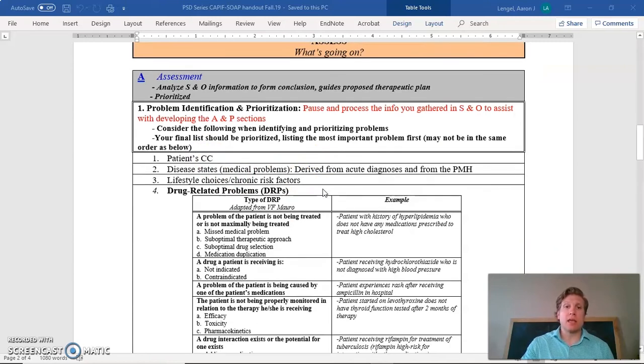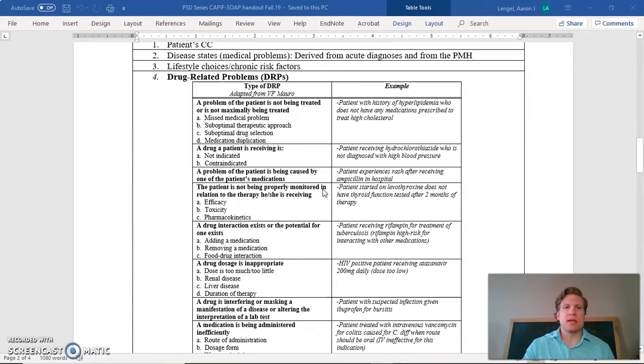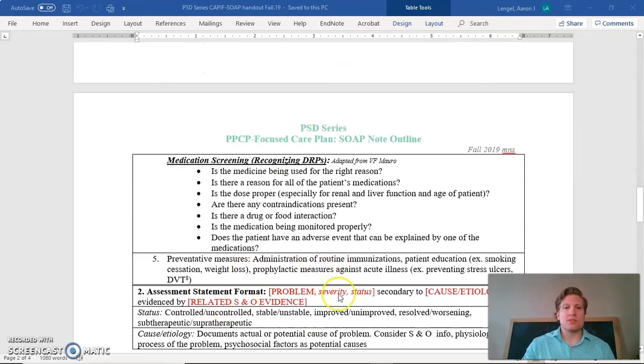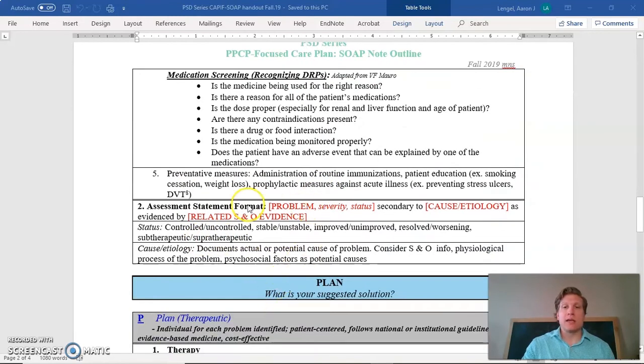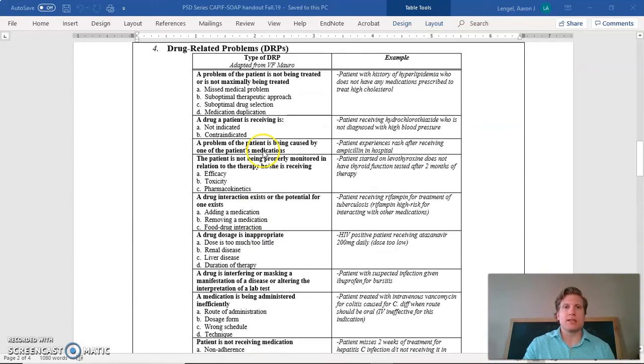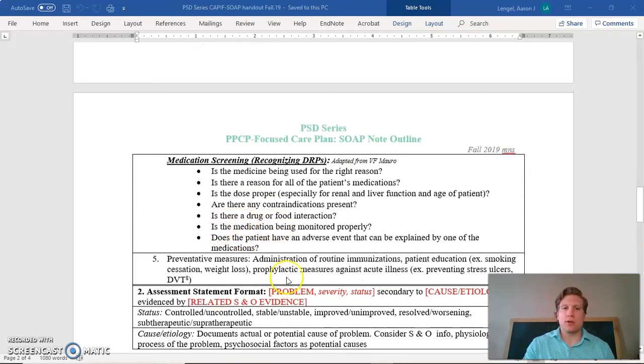The other big thing that we've noticed is when it comes to the assessment statement format. Again, I encourage you all to review this document. We've got the drug-related problems, and attaching those to the problems is important to your assessment statement.